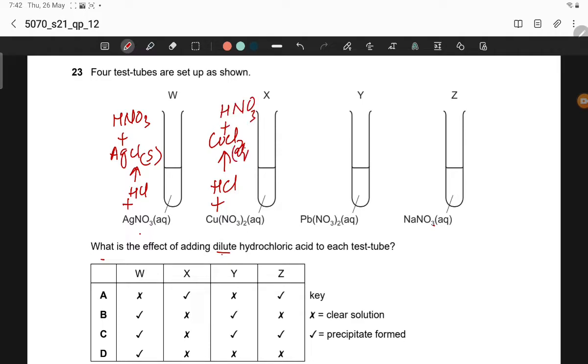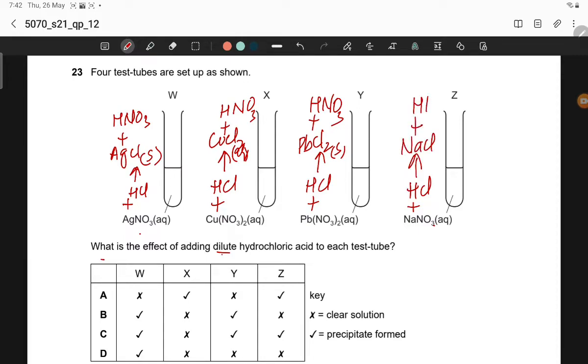This is aqueous lead nitrate plus HCl to form PbCl2 solid plus HNO3. Sodium chloride aqueous, NaCl plus HNO3.